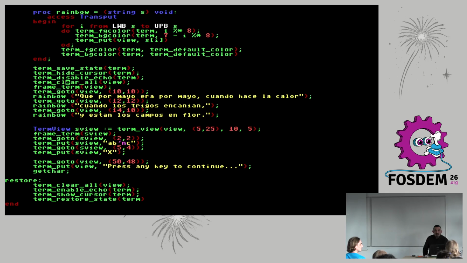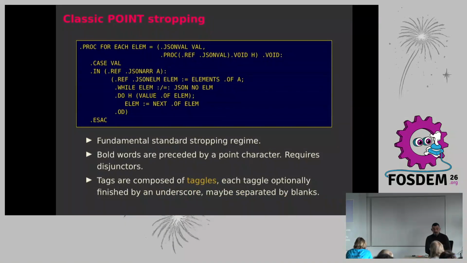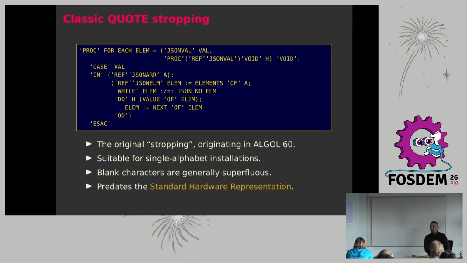Could I repeat my question from earlier? How does the stropping discipline work in your implementation? I did not go through how the stropping works in our implementation. Okay, very quickly. I did not want to go through that because the Algol68 code that you can see on the internet looks like this. For example, this is using quote stropping. It's very old stuff.